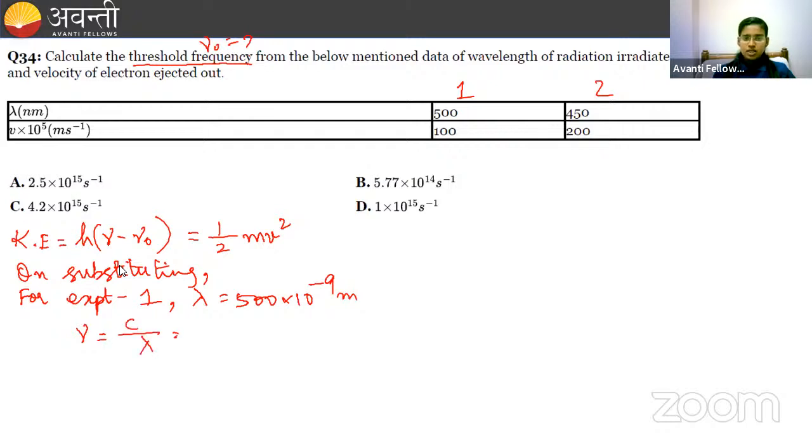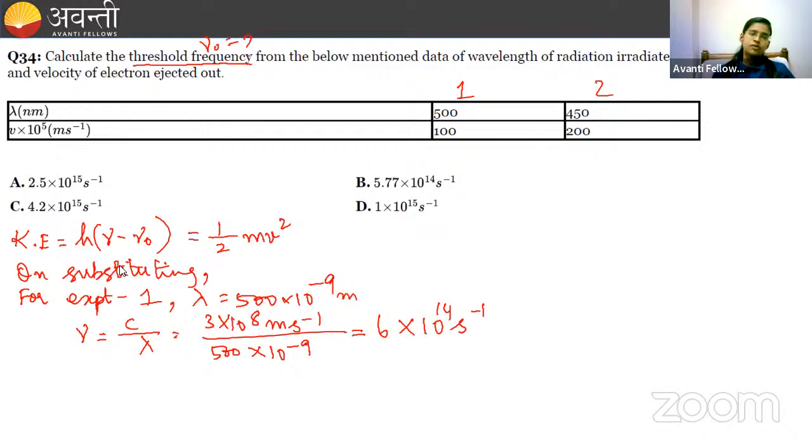C is nothing but the speed of light. It is 3 into 10 to the power 8 meter per second. And the lambda value is 500 into 10 to the power minus 9, which is actually equal to 6 into 10 to the power 14 per second. Okay. So this is the frequency for the first experiment.